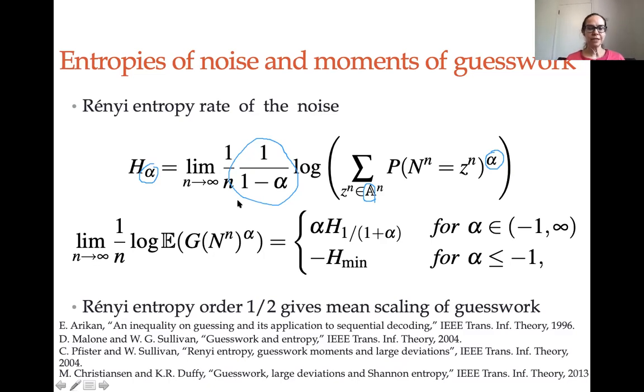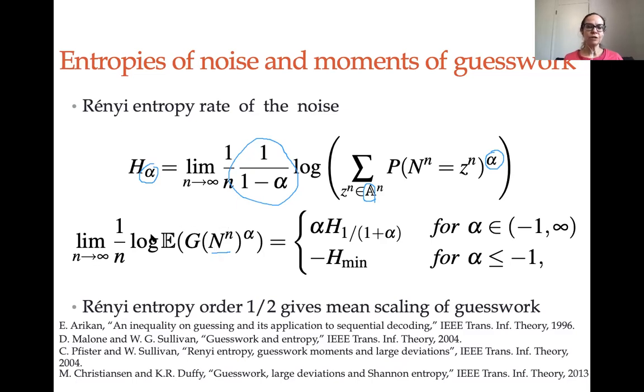Well, let's look at the moments of the guesswork. So if you recall what we saw in the previous lecture, the guesswork here is the random variable which is the number of guesses before I guess, when I'm guessing from most likely to least likely, the correct realization, the correct occurrence of a string, in this case, the noise.